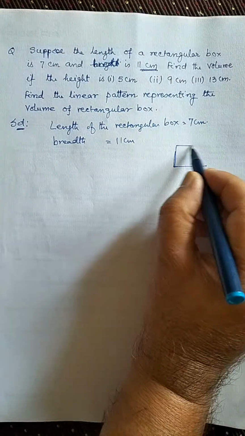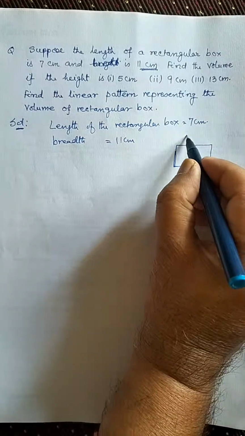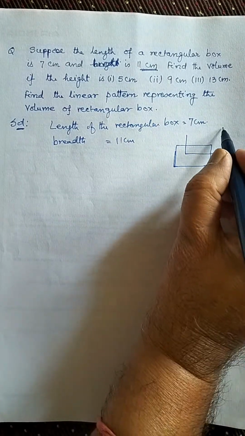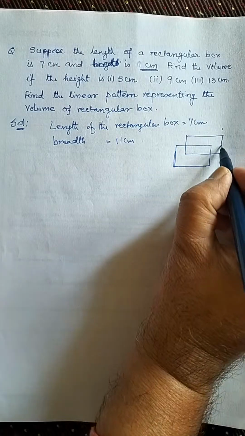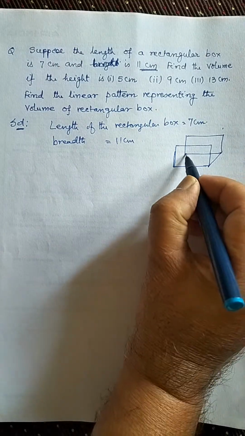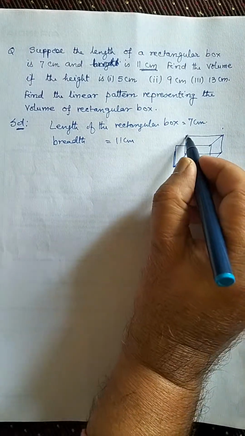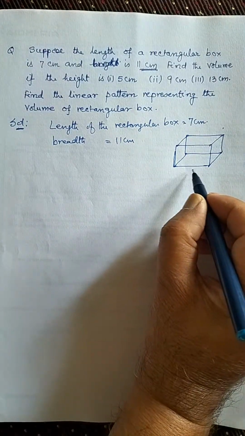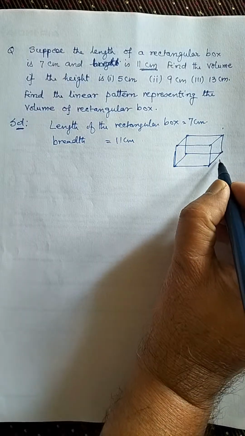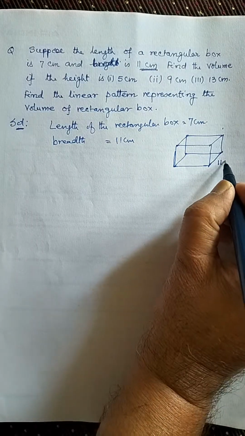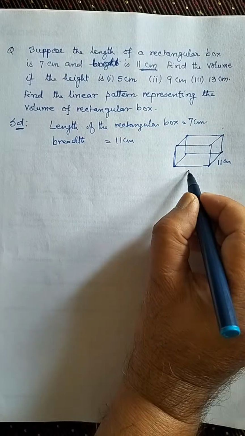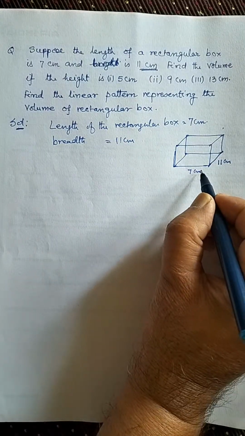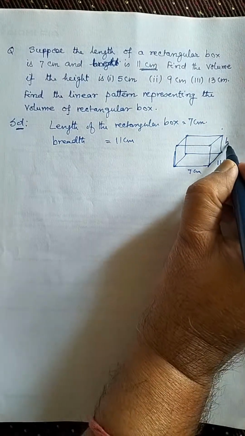We can imagine a box also. Say this is a rectangular box. Fine. This is its length. This is its breadth 11 centimeter and the length is 7 centimeter. And let's assume the height be h.